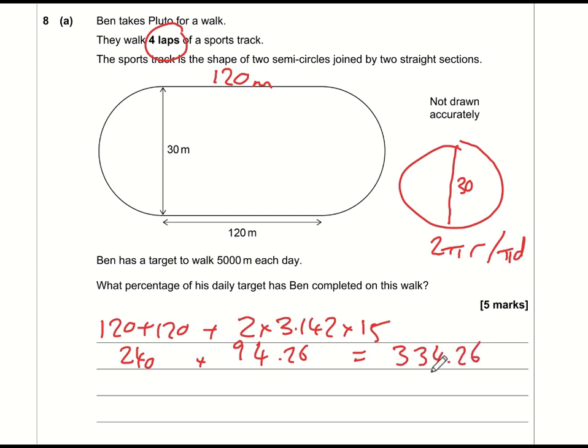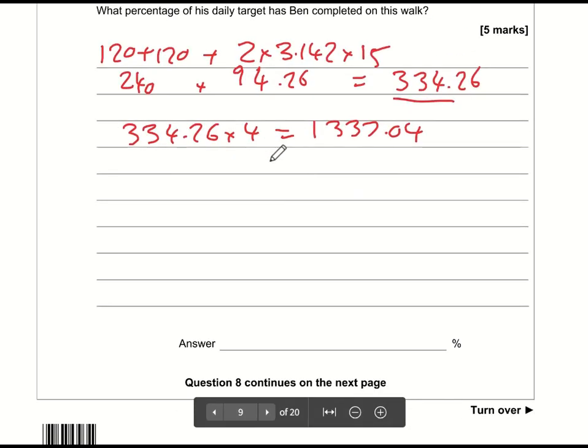334.26. So this is for 1 lap, so we need to multiply that by 4 for the 4 laps, and that comes to 1337.04. Now what percentage of 5,000 is 1,337.04?